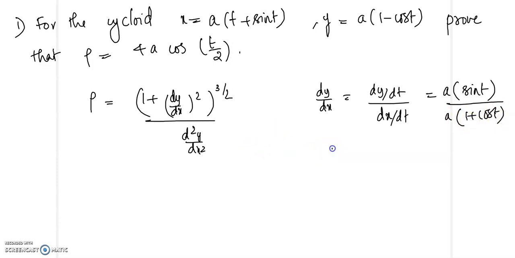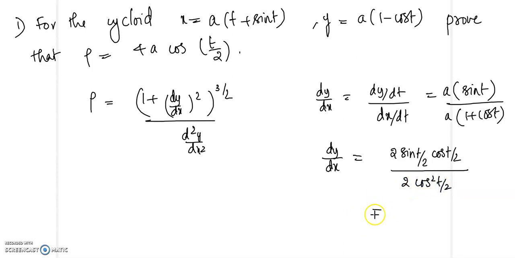So therefore dy by dx will be a will cancel out, so we can write as sin t by 2 cos t by 2 and 1 plus cos t can be written as 2 cos square t by 2. So we will get 2 cancel out, cos cancel out, that will give us tan t by 2.